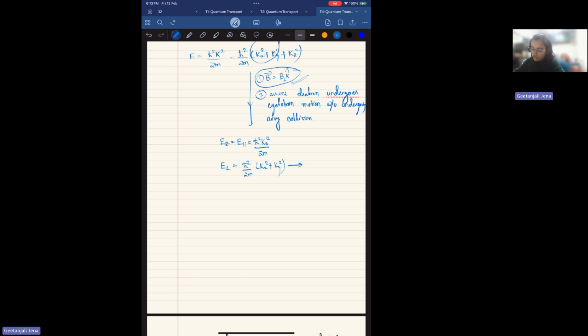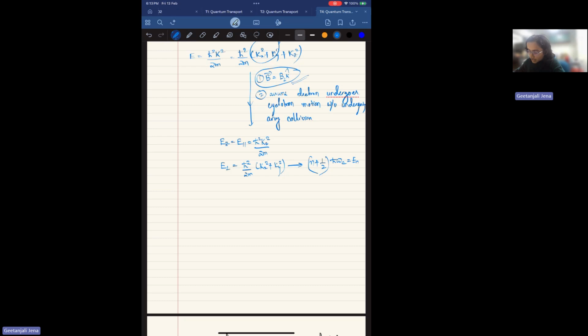The energy in the xy plane will be quantized in the form of a simple harmonic oscillator. We already know that for a simple harmonic oscillator, the energy En is (n plus half) h cut omega c.